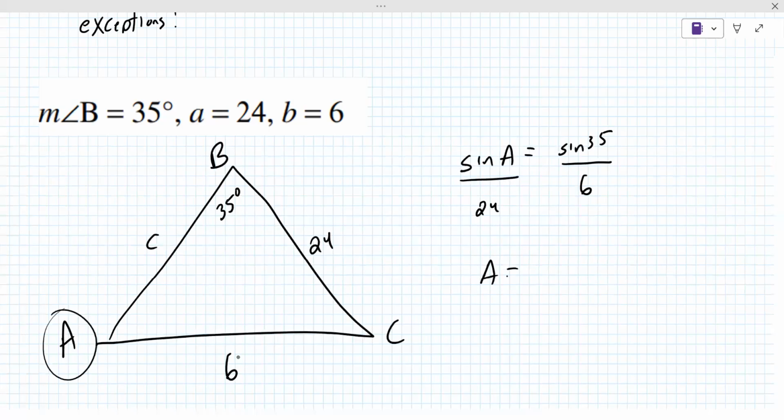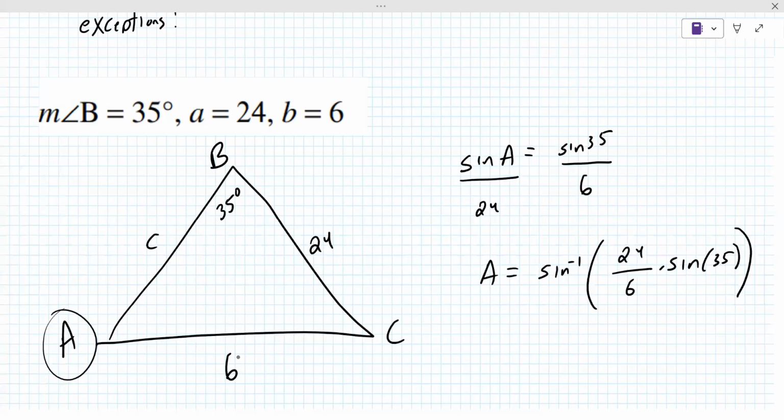All right. So if we solve for A, it is the arc sine of 24 divided by 6 times sine of 35. Okay, will you put that in your calculator and let me know what you come up with?